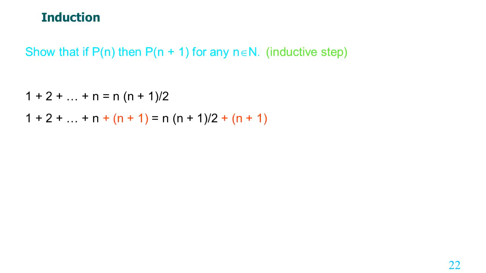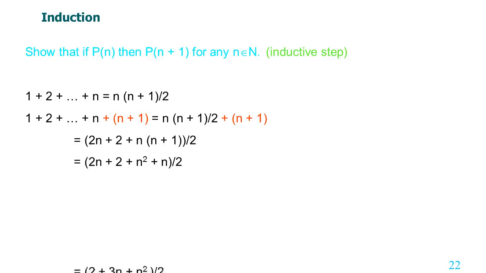Now add n+1 to both sides. We get on the RHS n(n+1)/2 plus n+1. After simplifying this, we get (n+1)(n+2)/2.